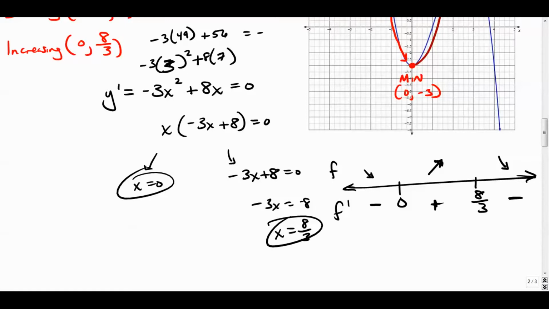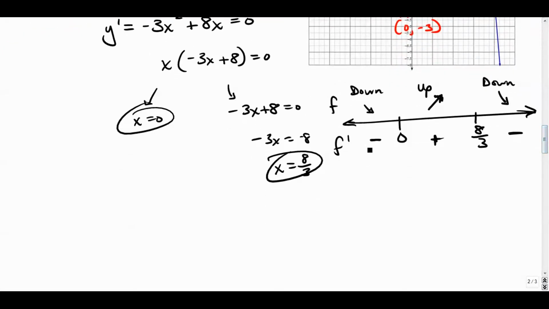You could have chosen 3 as well. 3 is certainly bigger than 8/3. But you can see that it goes downhill, uphill, downhill. So that literally gives you your intervals. -infinity to 0 and 8/3 to infinity is your decreasing, and then from 0 to 8/3 is your increasing.